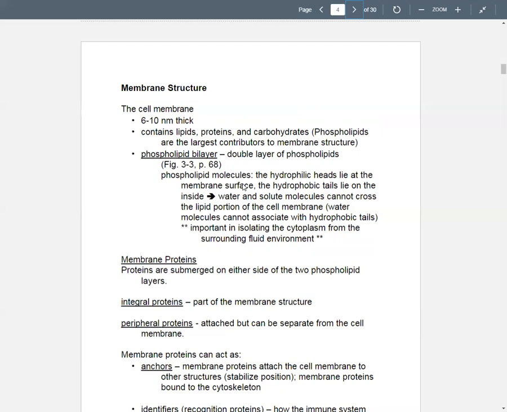The majority of the membrane is phospholipid. It also has some protein in the membrane, and some carbohydrate in the membrane. It's known as a phospholipid bilayer. Bilayer just means it has 2 layers. Phospholipid means it's mostly phospholipid.